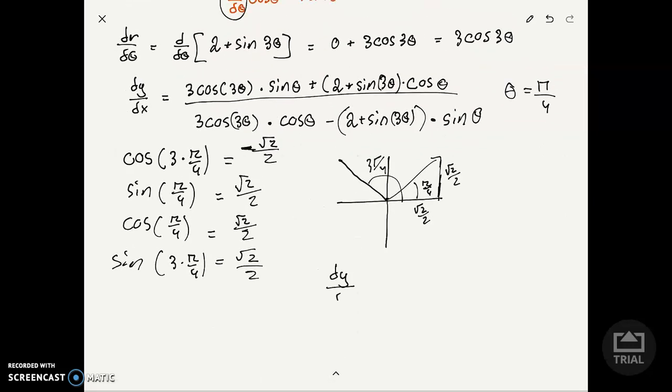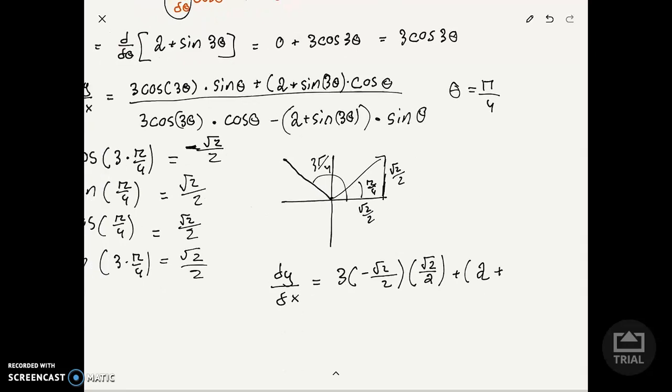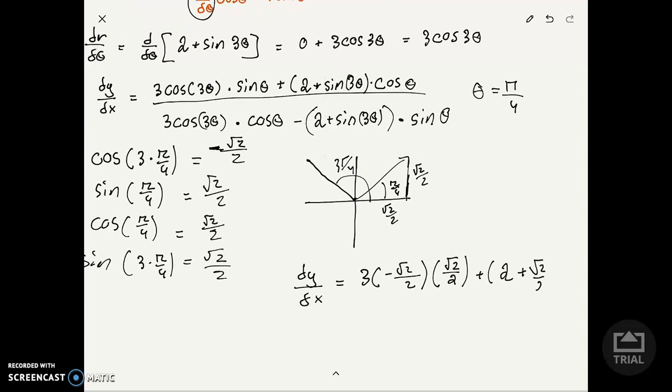So dy dx is equal to 3 times cosine of 3 theta, which is negative root 2 over 2, times sine theta, root 2 over 2, plus 2 plus sine of 3 theta, which is root 2 over 2 again, a lot of root 2's, times cosine theta.